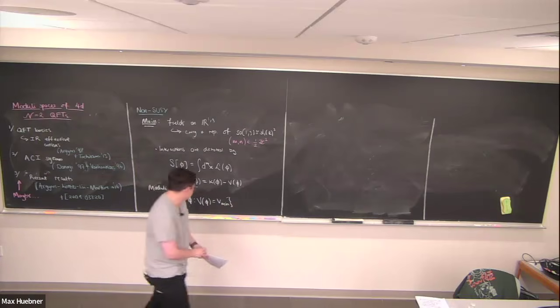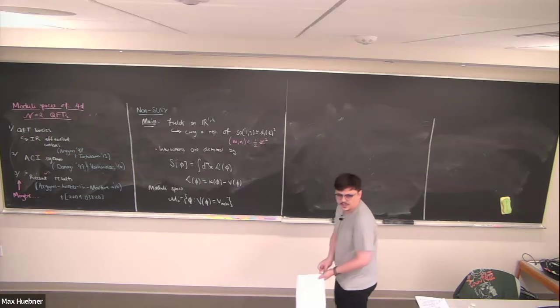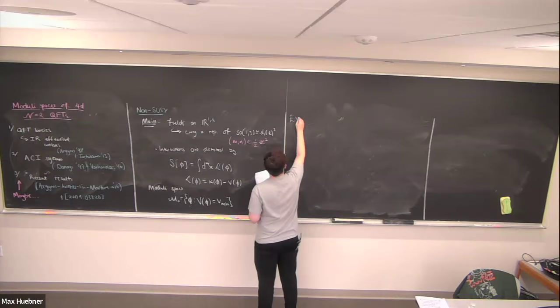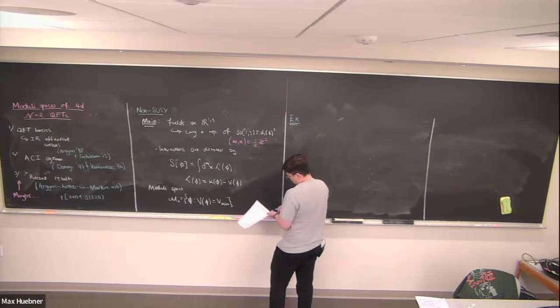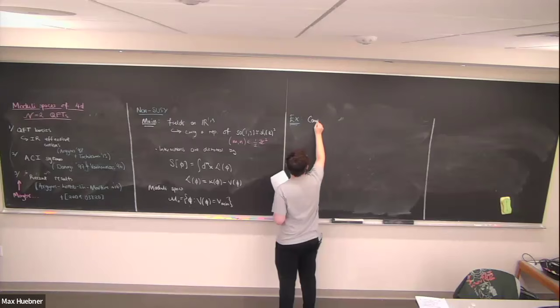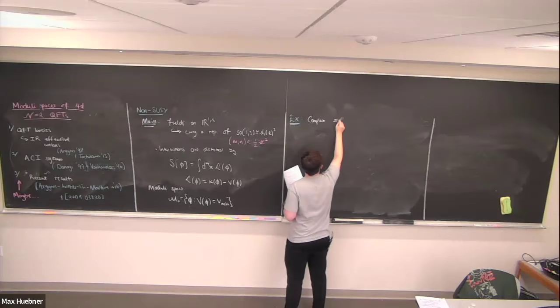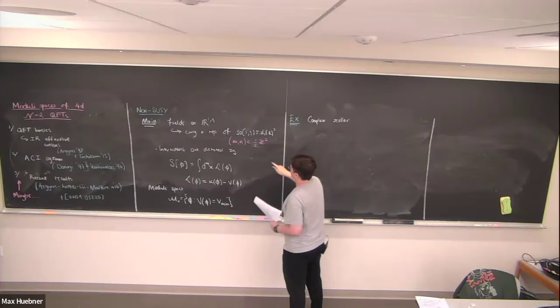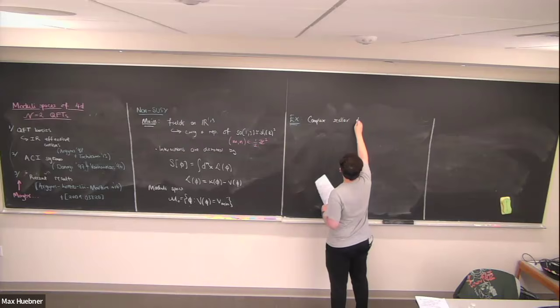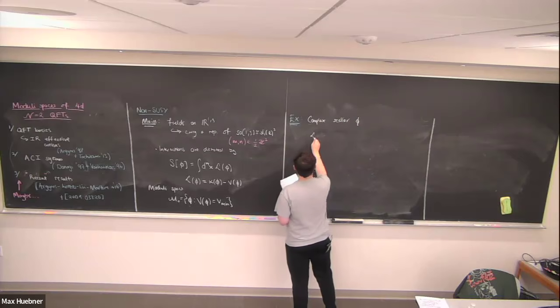Let me give you an example and then tell you why it's a really, really boring example. If I have one complex scalar, meaning it's in the trivial representation of the Lorentz group, I can consider this Lagrangian.